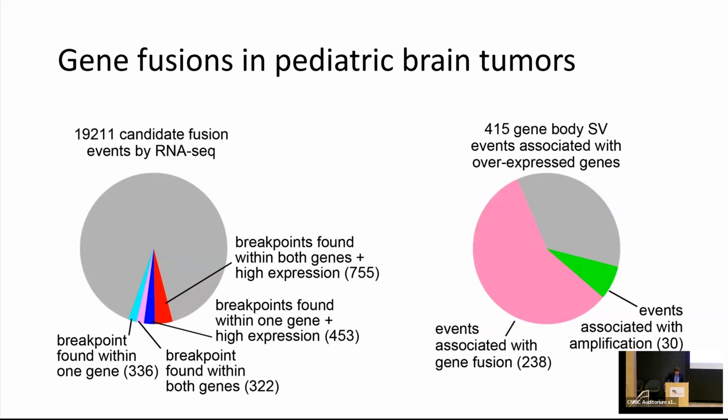And on the right of those, there were 415 gene body SV breakpoint events that we identified that were associated with overexpression of those genes. And the majority of these, when we looked at the RNA-seq chimeric results, could be associated with a gene fusion in pink.